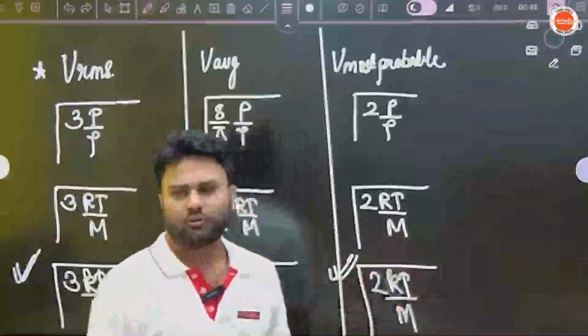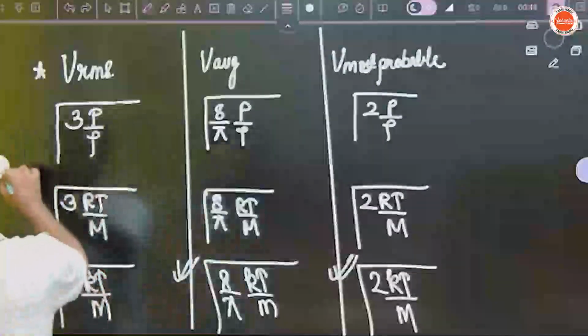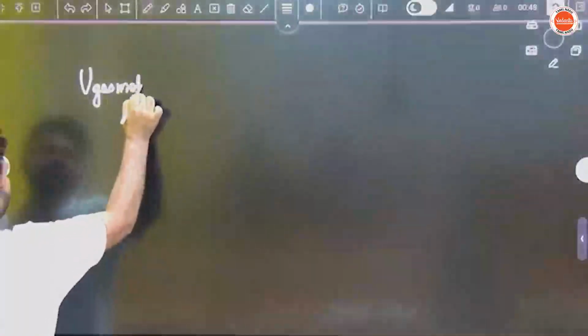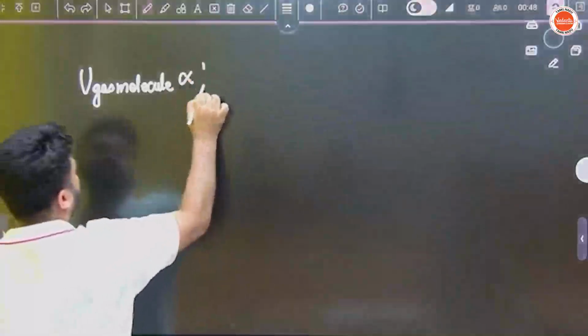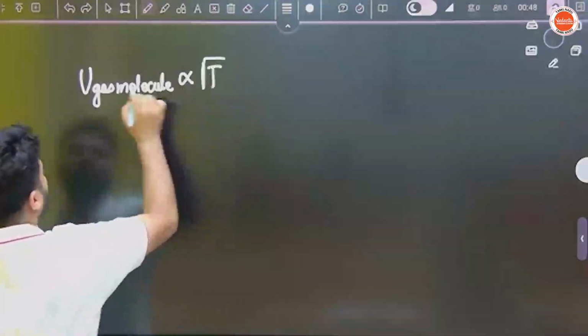This speed is also directly proportional to root of the temperature, and this speed is also directly proportional to root of the temperature. So any kind of speed of a gas molecule, always remember, is directly proportional to root of the temperature.